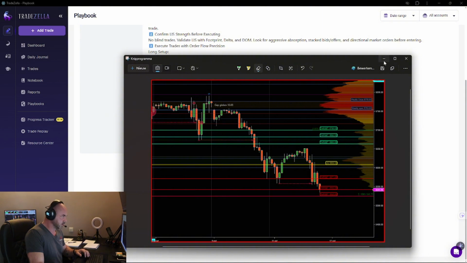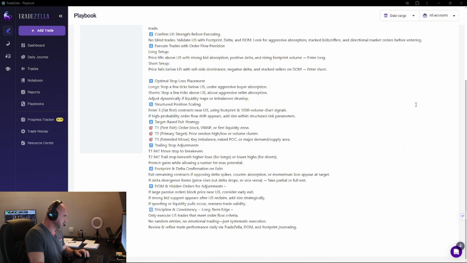It's all simple. It's all very logical. If you see spoofing or liquidity pools, then we can reassess the trade's validity and just exit our position again. What we need is discipline and consistency.